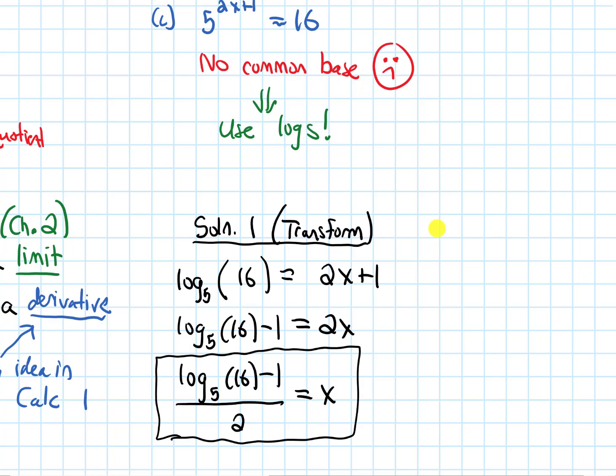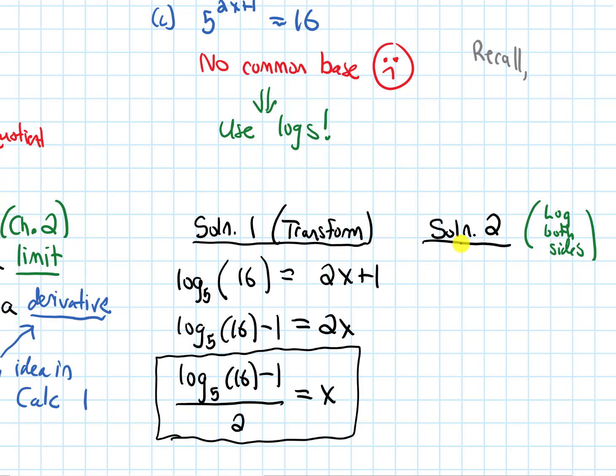Okay, so now I want to talk about a second solution. In the second solution, we are going to take the log of both sides. So before I do that, I want to do a brief review. When I take the log of both sides, I get to choose what base to let the log have.